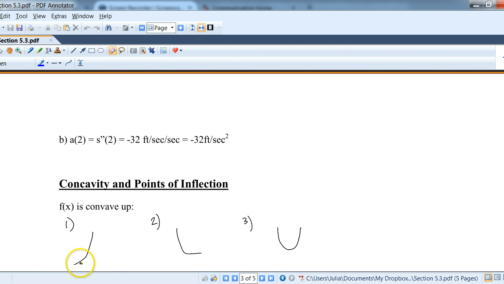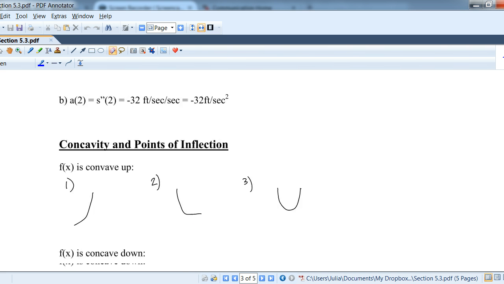You can have an increasing function and it follows up like this. So basically these are parts of the U. It looks like a right side up parabola basically. So this is a decreasing part, sort of looks like an exponential a little bit. This is decreasing, so any parts of the U look like concave up.